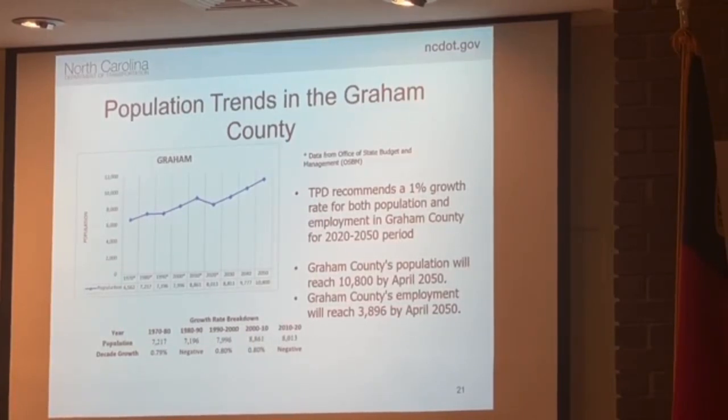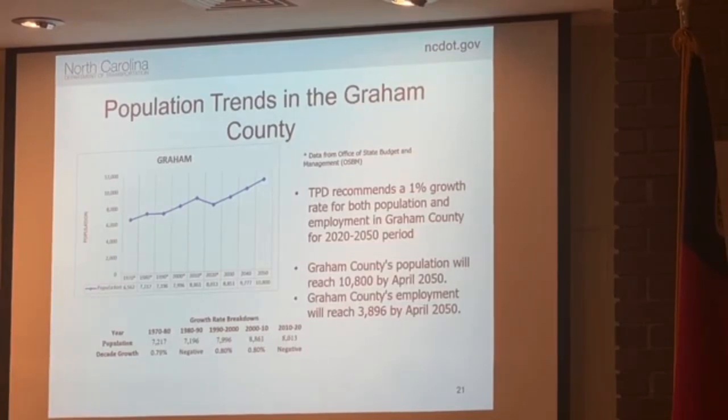In 2010, the population of the county was 8,800, but in 2020, it's close to 8,000. There was a 10% drop. Based on this number, OSBM predicted a negative growth rate for Graham County, and in their opinion, Graham County population will go down by 2050.